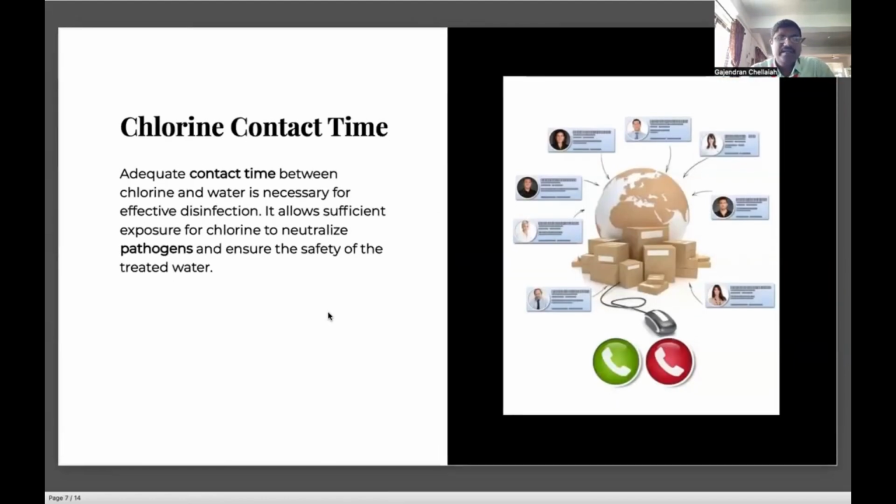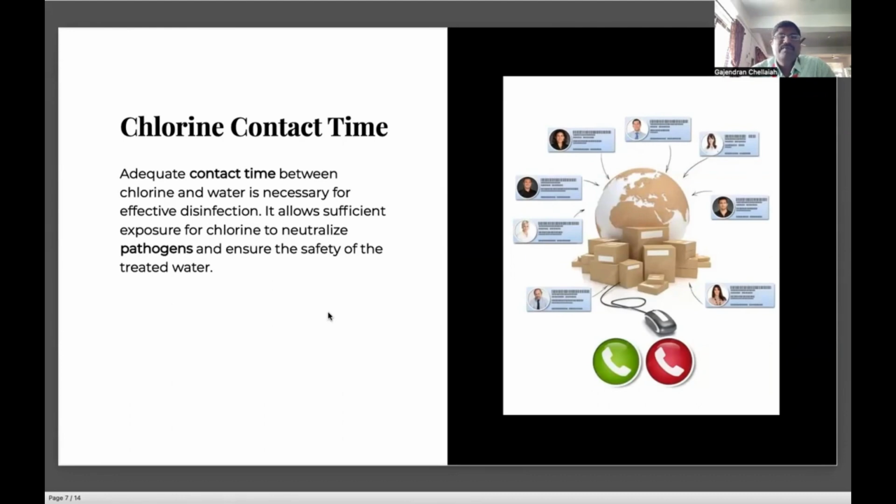Chlorine contact time. Not only the residual chlorine, how much chlorine is available in the water, but next, the contact with the chlorine in the aquatic environment is very important. Adequate contact time between chlorine and water is necessary for effective disinfection. It allows sufficient exposure to chlorine to neutralize pathogens and to ensure the safety of the treated water.